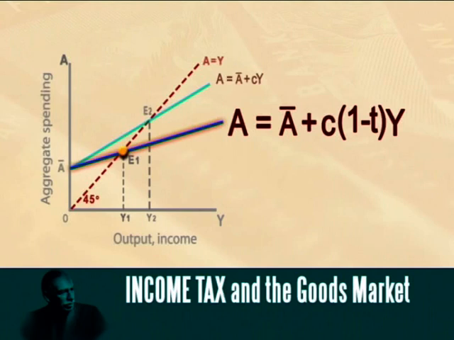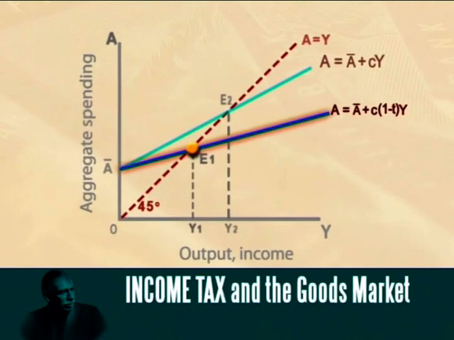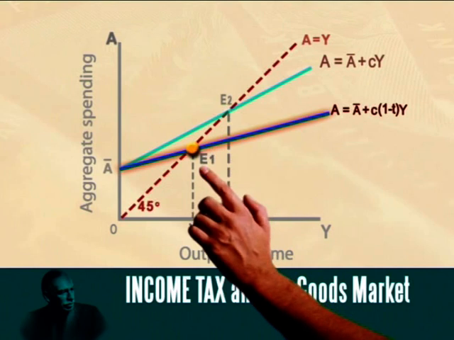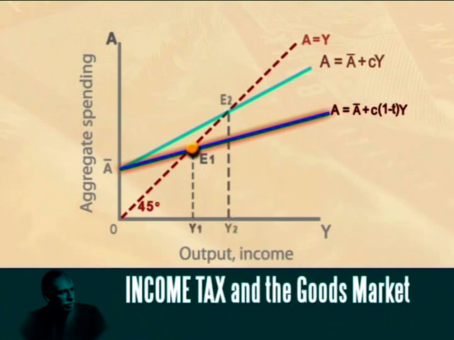So A equals A bar plus C times 1 minus T times Y. In the graph, the effect of income tax is to reduce income from Y2 to Y1 out of disposable income. An equilibrium output moves from point E2 back to E1 because the reduced consumption spending will cause a drop in production.